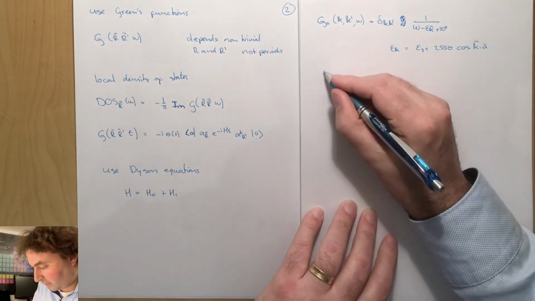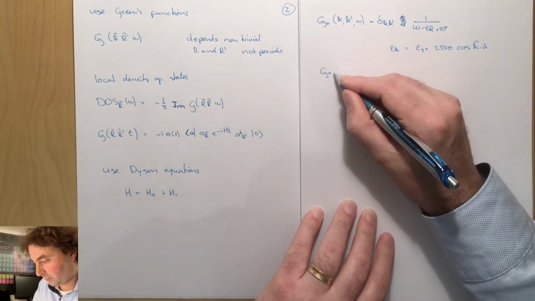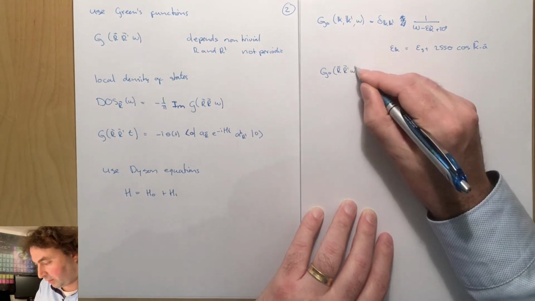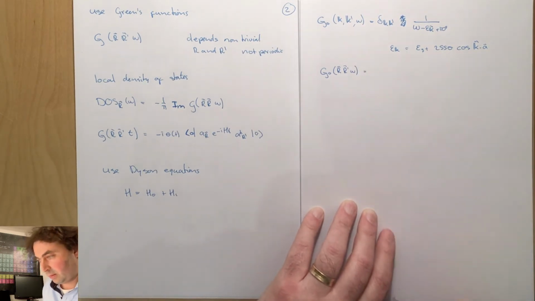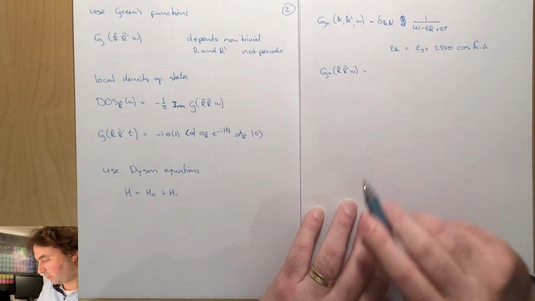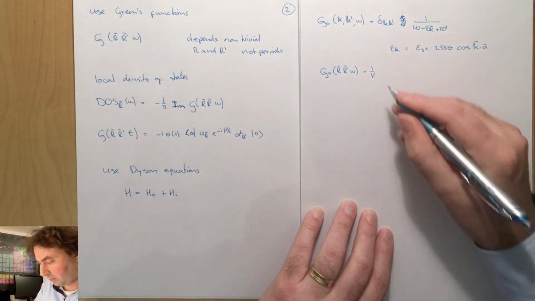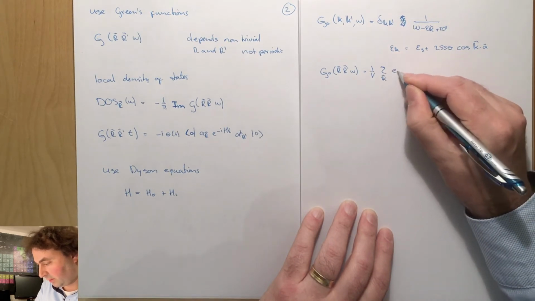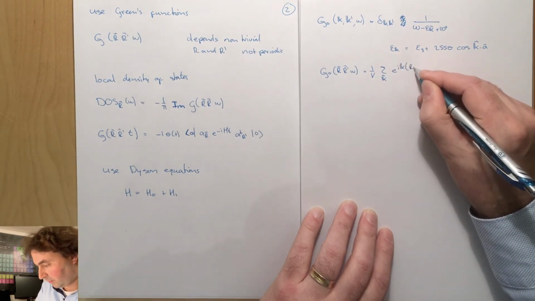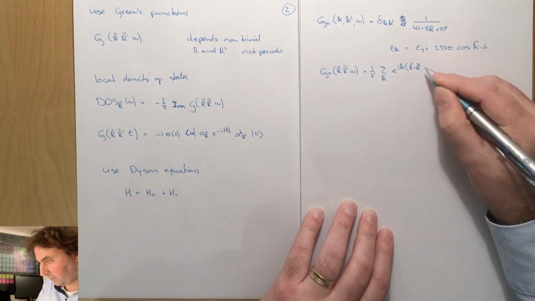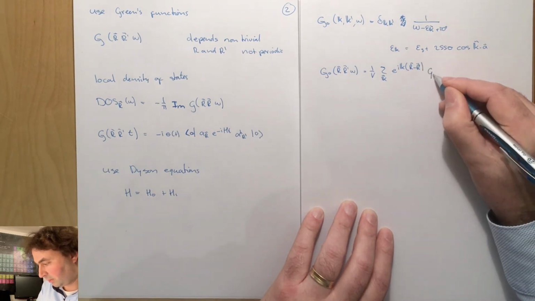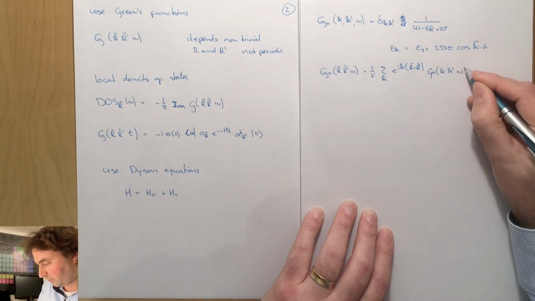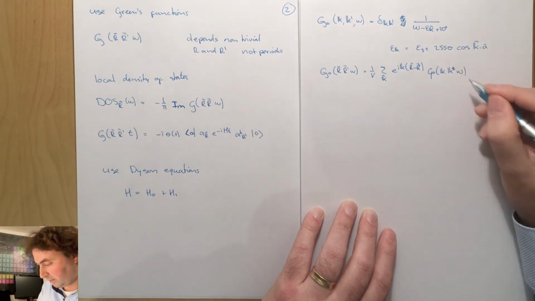So far so good. The Green's function of our periodic system without an impurity in real space can be calculated by Fourier transforming. It's 1 over V, sum over k, e^(ik(R-R')) G0(k', omega), and this is not a k' anymore.